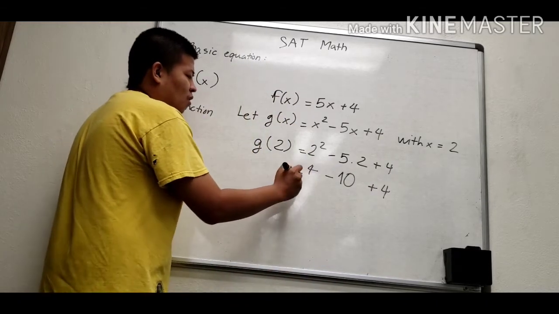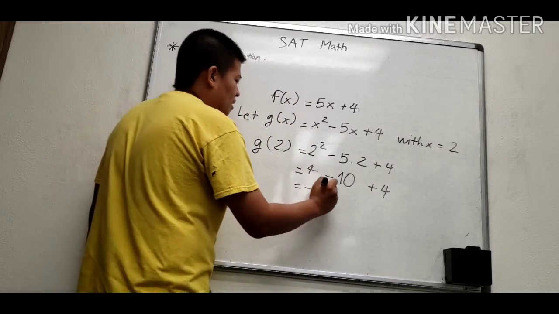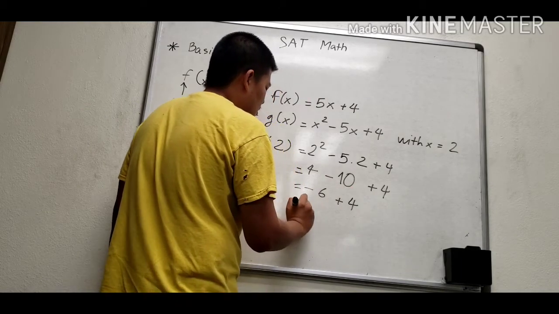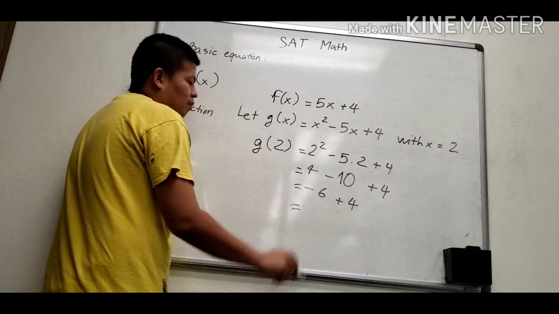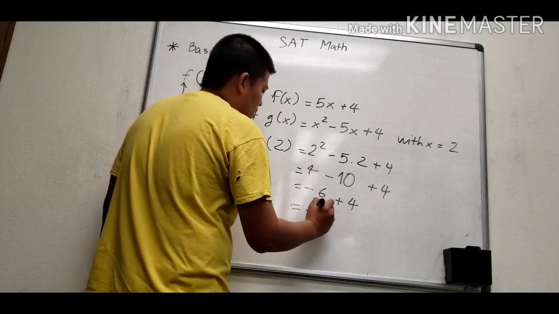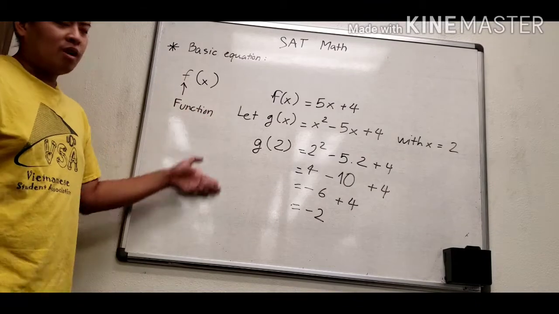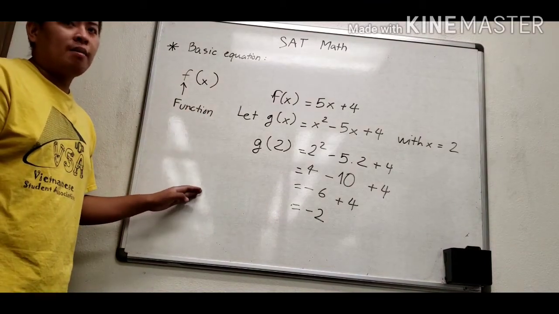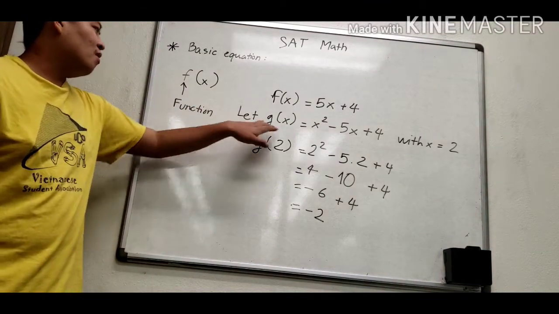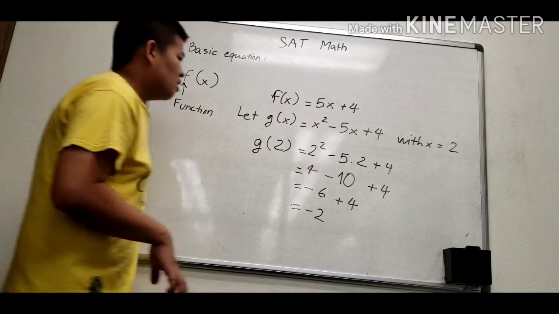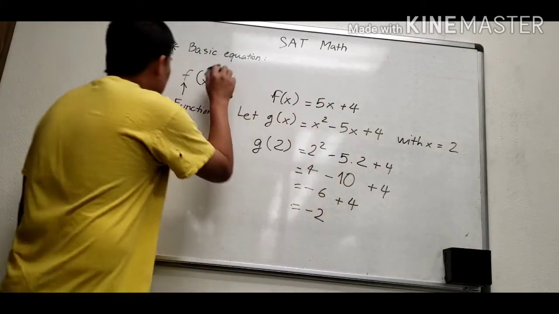So we have 4 minus 10, which is minus 6, plus 4. Minus 6 plus 4 is minus 2. So this is one real question on the SAT math. They give you the function and they ask you to find the result.